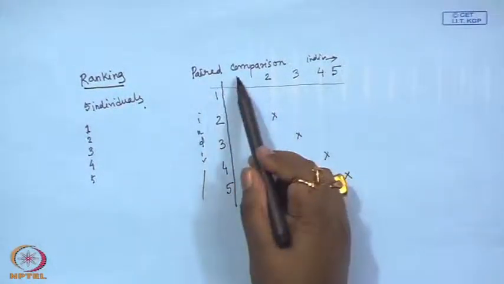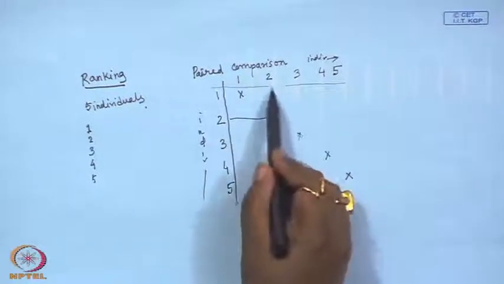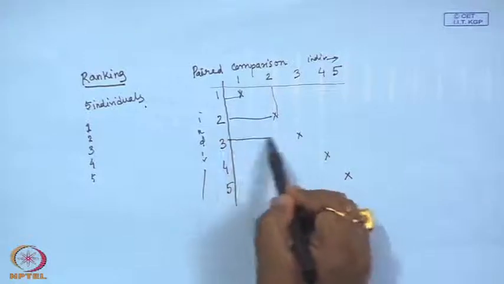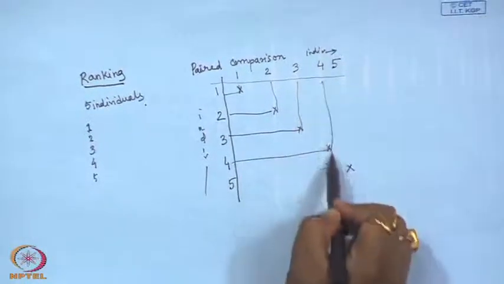Like 1 we cannot compare with 1, and 2 you cannot compare with 2. So, the diagonals you find have been blocked, because these are the same individuals to be compared together.